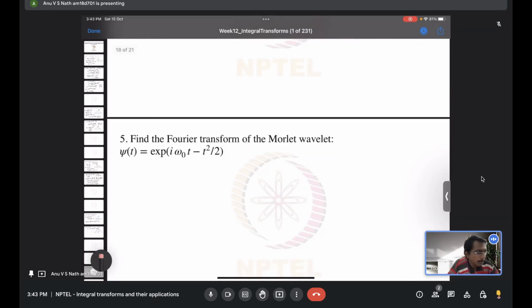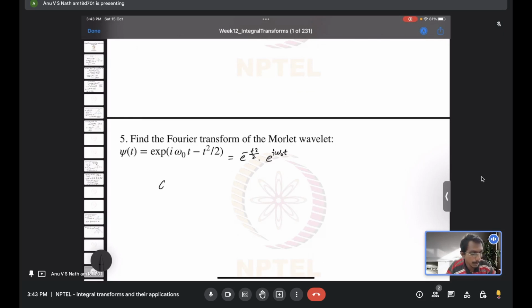Find the Fourier transform of the Morlet wavelet, which is given by exponential of i omega 0 t minus t square over 2. Unlike the earlier wavelets, you can see the Morlet wavelet is a Gaussian with an exponential or oscillatory part multiplied with it. It's e raised to minus t square over 2 multiplied with e raised to i omega 0 t. It has both real and imaginary parts.